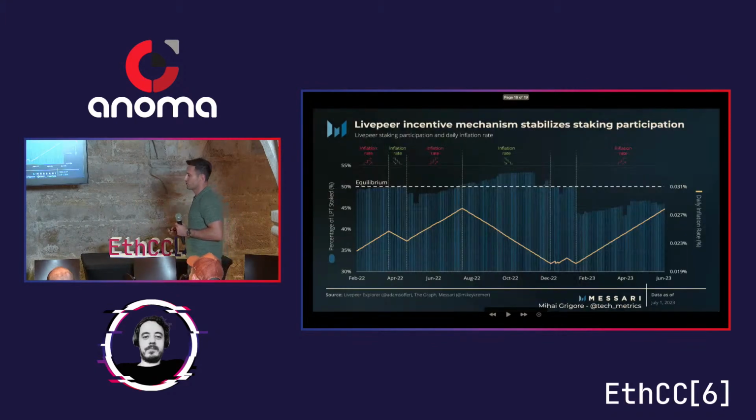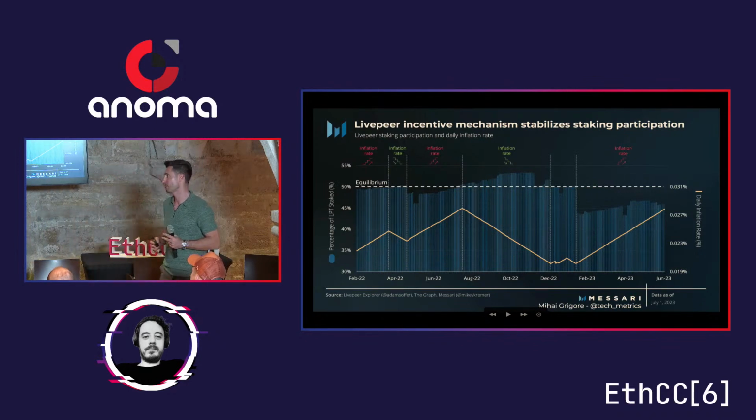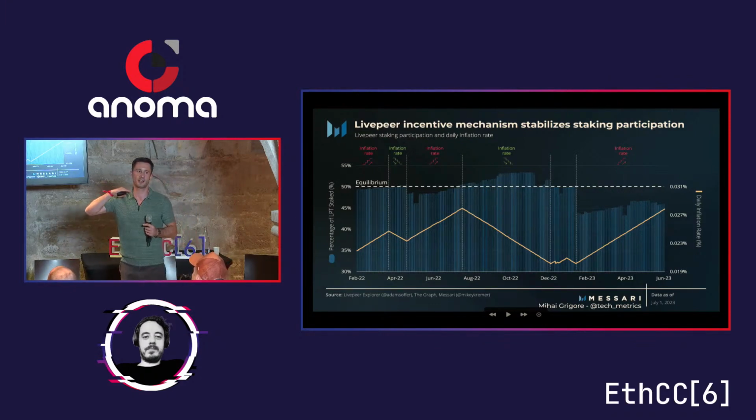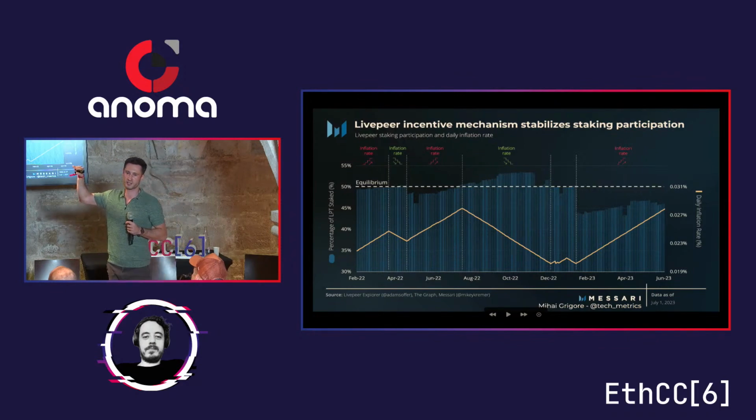And then if we go to staking and inflation, this is actually the first chart that I've shown in the presentation. Here we can see a beautiful mechanism that this protocol is using. Essentially the protocol has a dynamic adjustment of the inflation. Whenever the staking participation is below 50%, the inflation is growing.